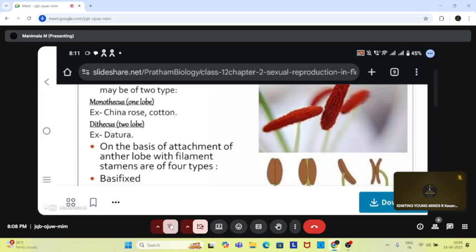Dithecous: two anther lobes with four microsporangia, or pollen chambers. Monothecous: one lobe with two microsporangia, or two pollen chambers.